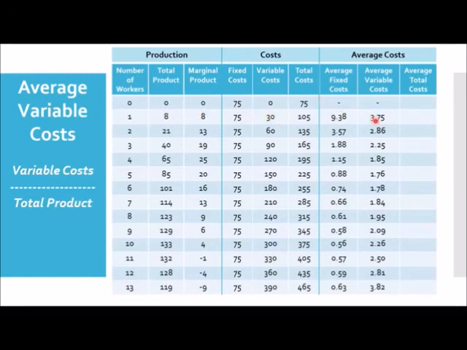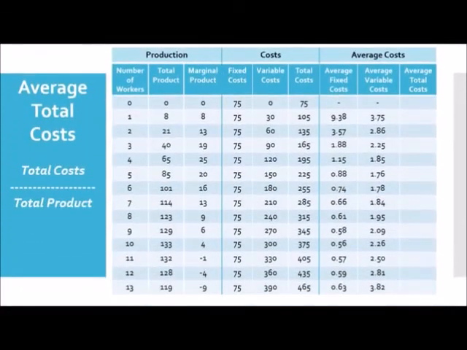We would say $3.75 of our variable costs at this point are going toward each one of those products. Same thing right here. When we take variable cost of 60 divided by 21, we would say, okay, we have $60 in variable costs, and of that $60, how much is going toward each one of our 21 products? Well, $2.86. And again, we just do that division all the way out.